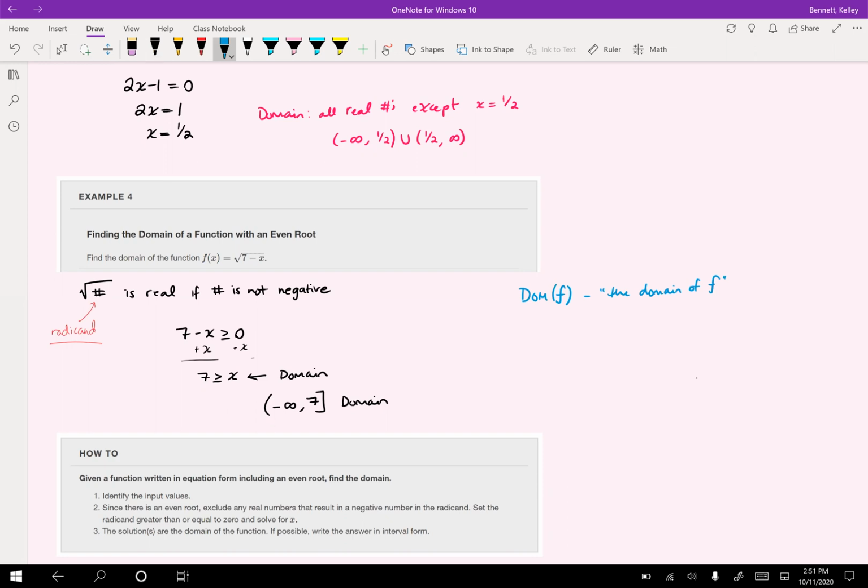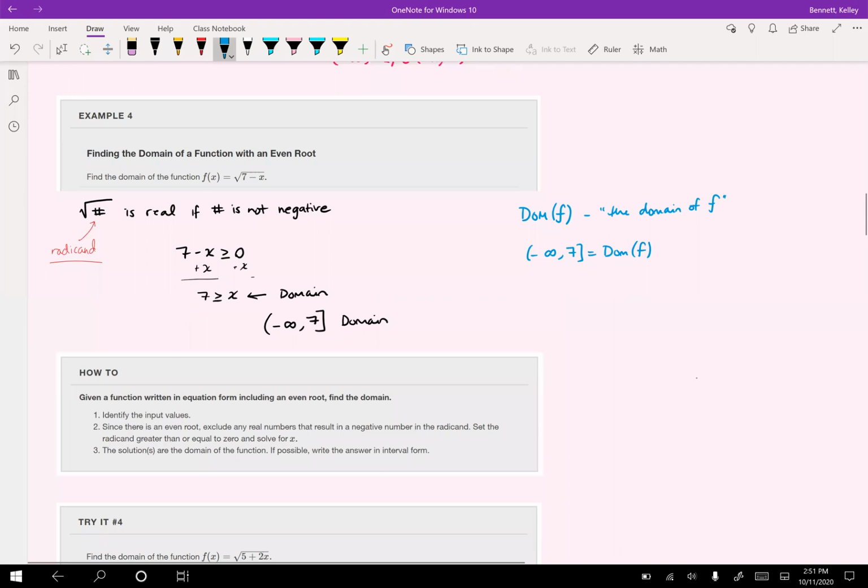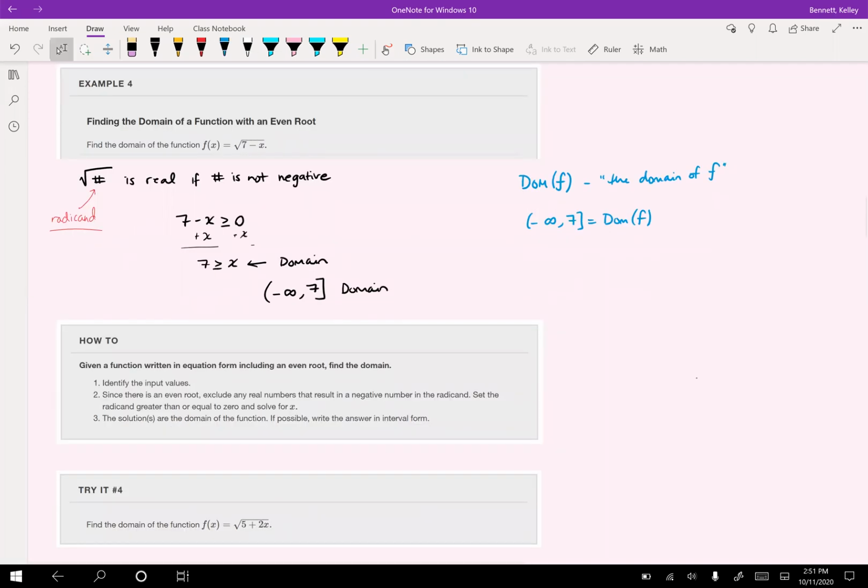So in our case, negative infinity to 7 equals dom of f, or the domain of f. So again, the rule here is that if we want to find the domain of a function involving a square root, we just need to make sure that the radicand is 0 or greater. And the way that we determine those x values is we set up an inequality.